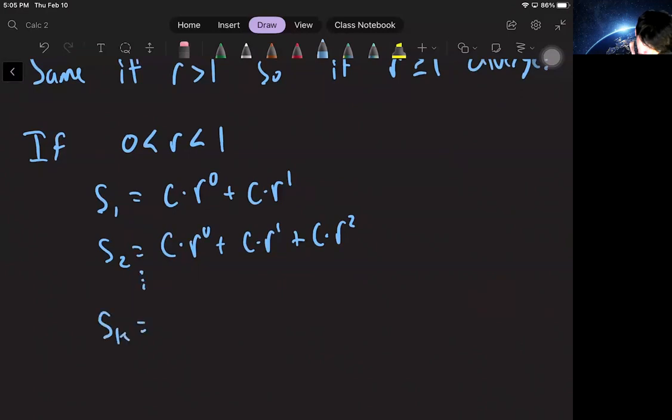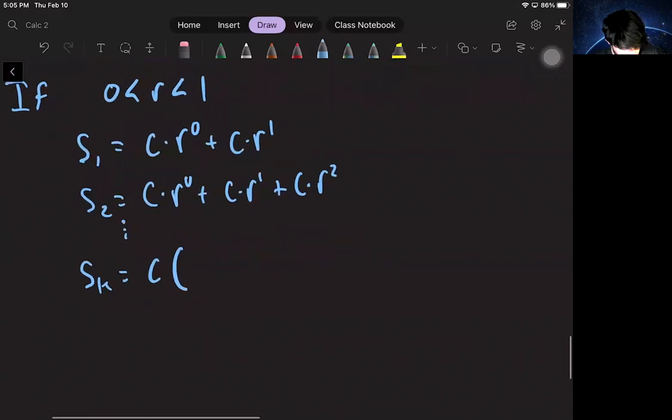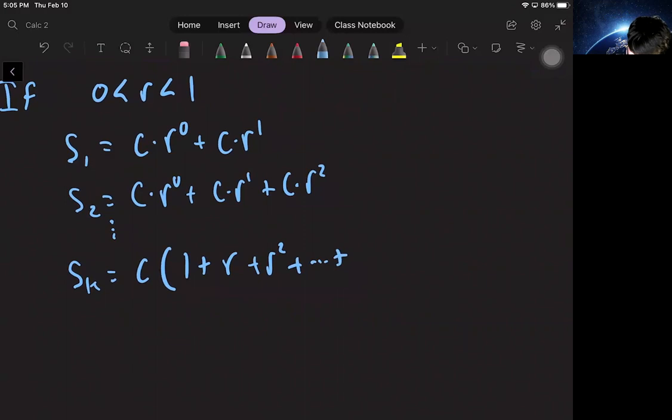Sk would be, well, let's factor out that c. And then I have 1 plus r, because r to the 0 is 1, plus r squared plus ... plus, and I guess we always go out to the same power, so it'll be r to the k. So Sk looks something like that.